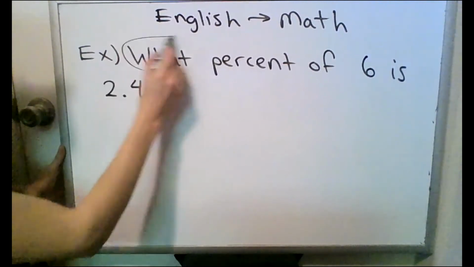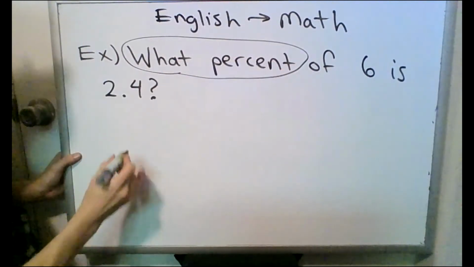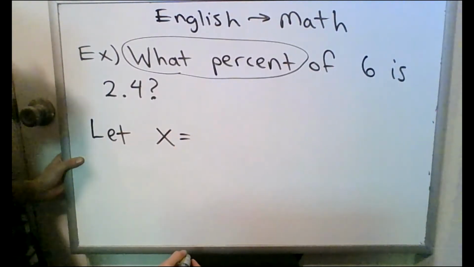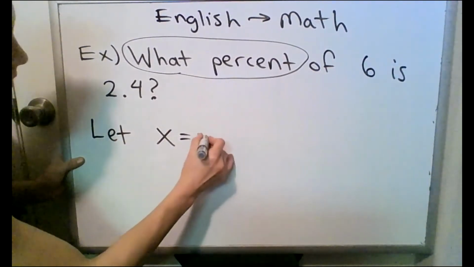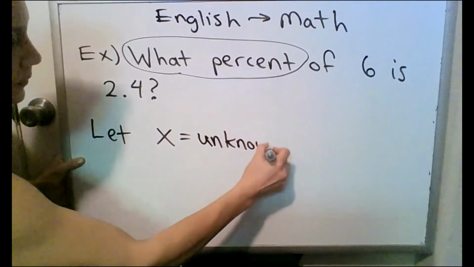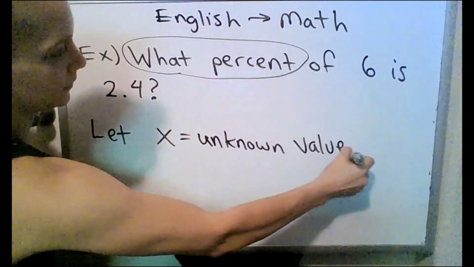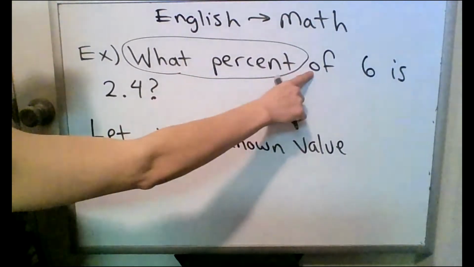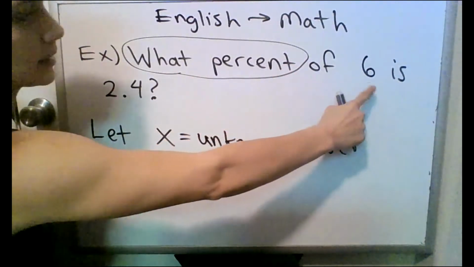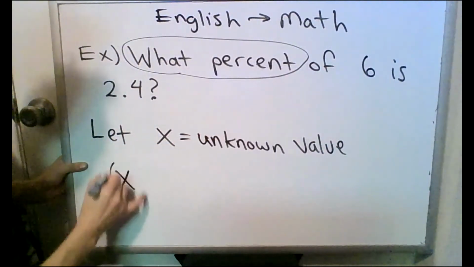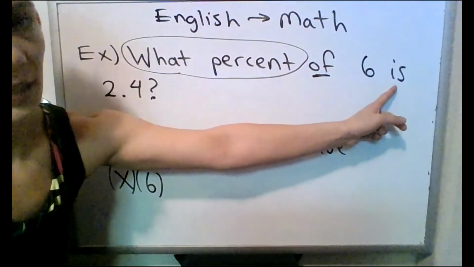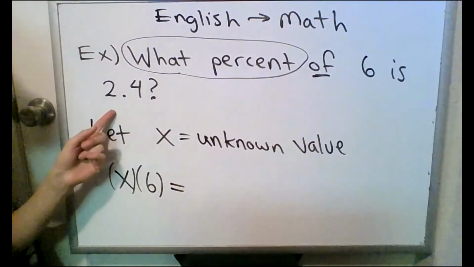So for the part that says what, or maybe even what %, we're going to let X be that unknown percentage, or that unknown value. So we've defined our variable X, and then we're going to put this sentence together. So what % of X multiplied with 6? Of means multiply, and is means equals 2.4.